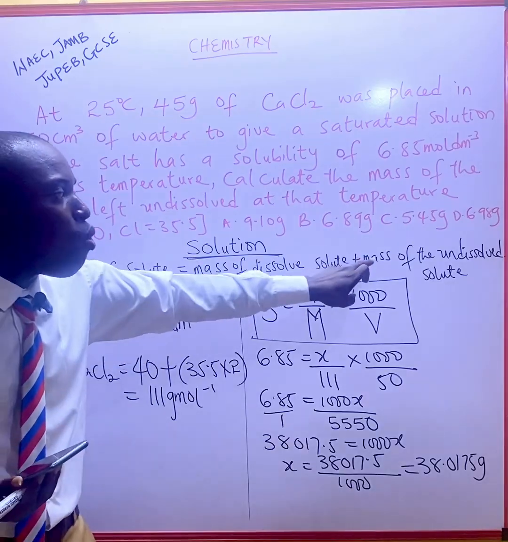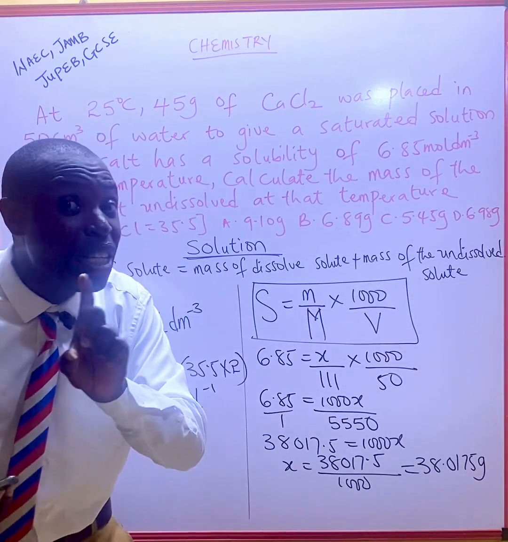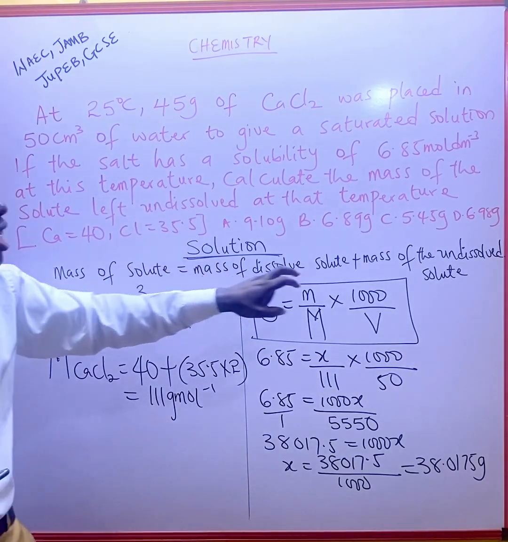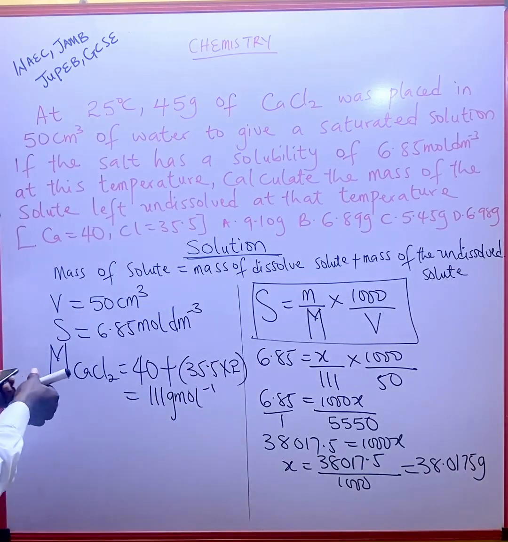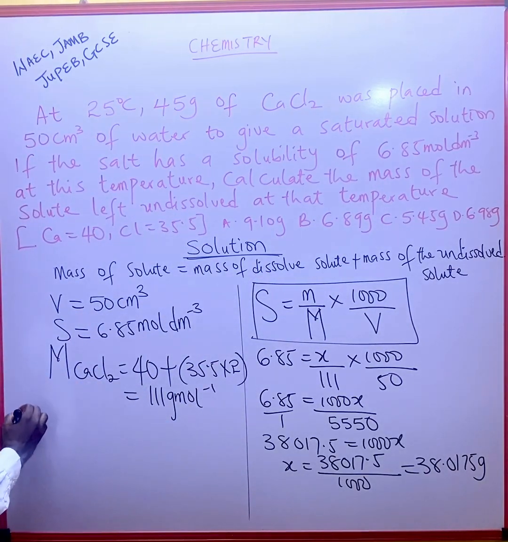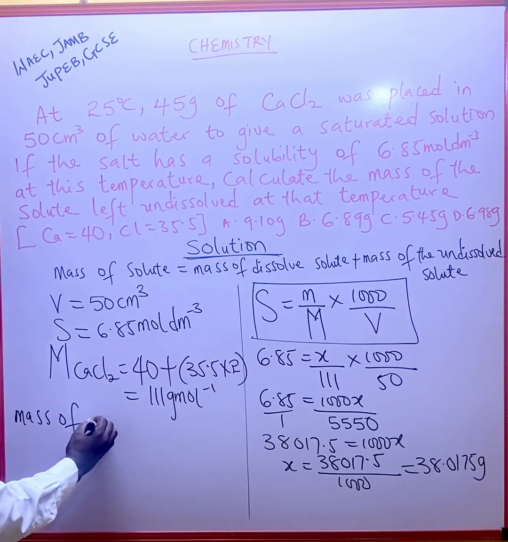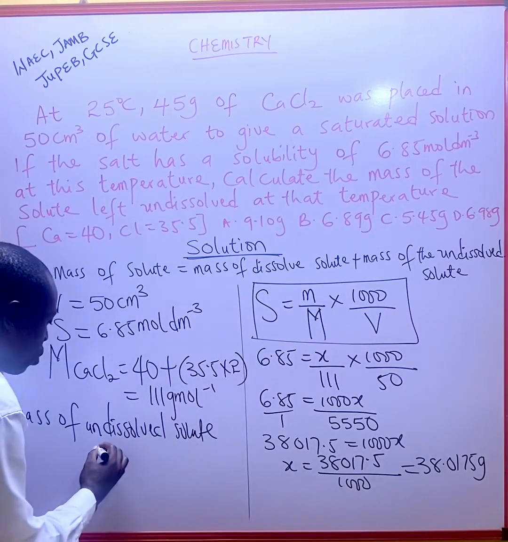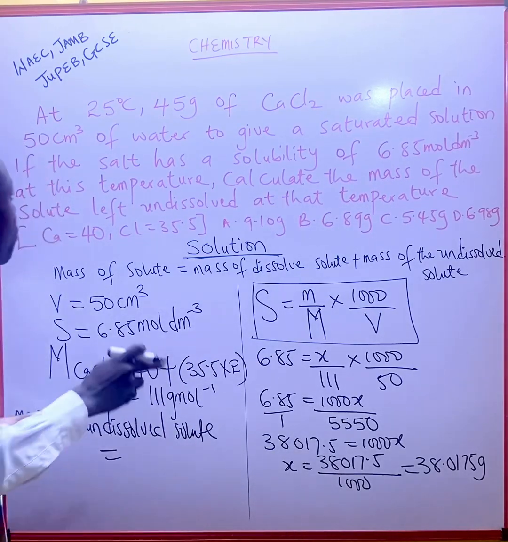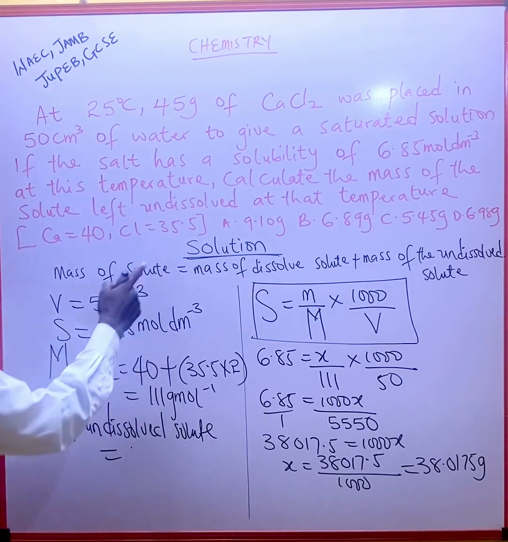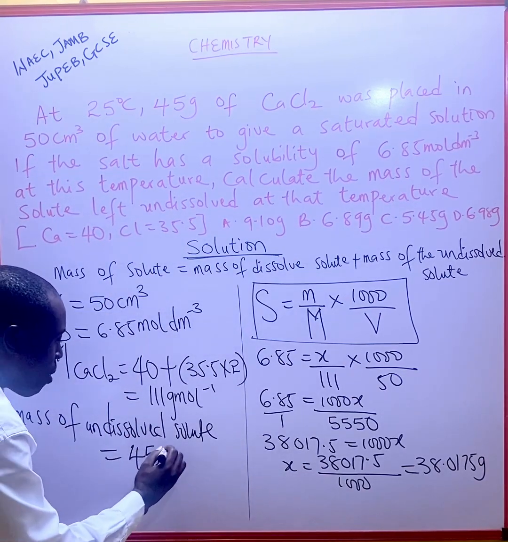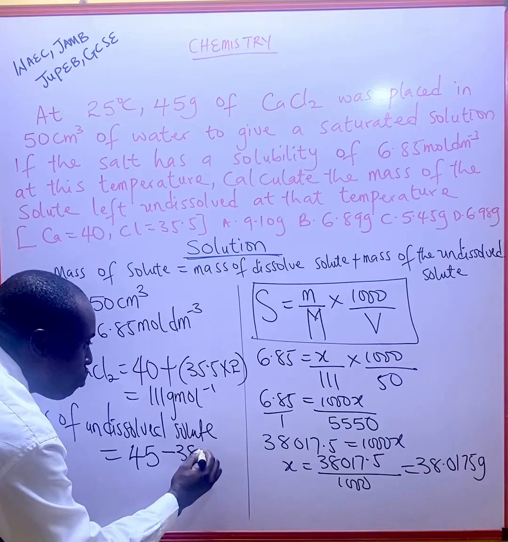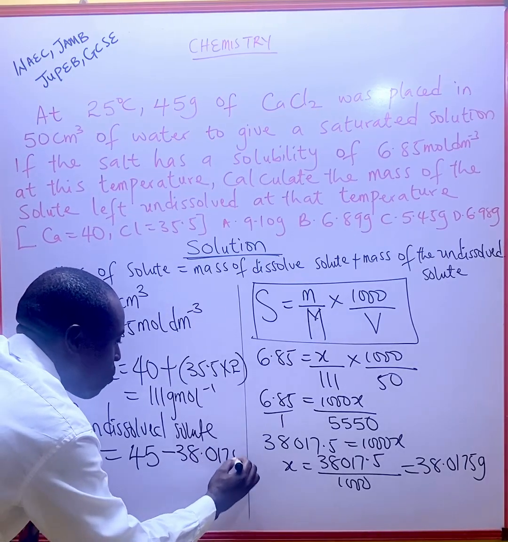Now the question is, what is the mass of the undissolved solute? If you observe in this question, we didn't touch this 45, because this is the mass of the solute. Now the mass of the undissolved solute is equal to the mass of the solute, 45, minus the mass of the dissolved solute, 38.0175.